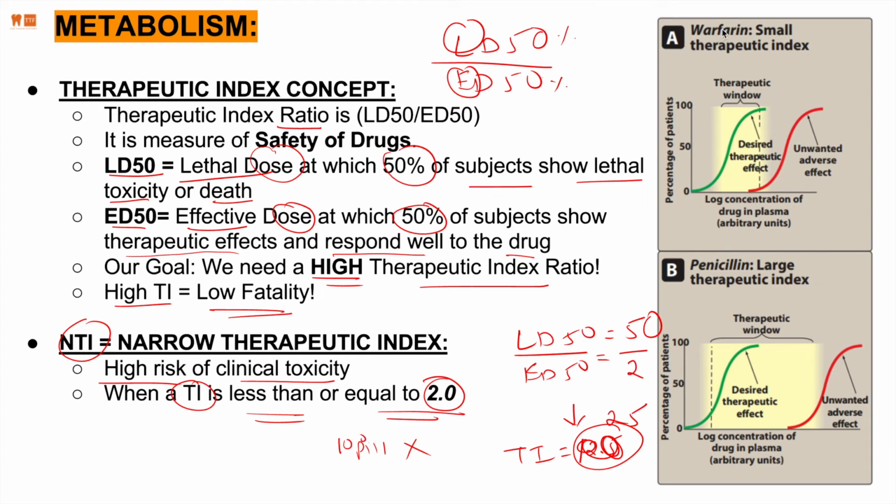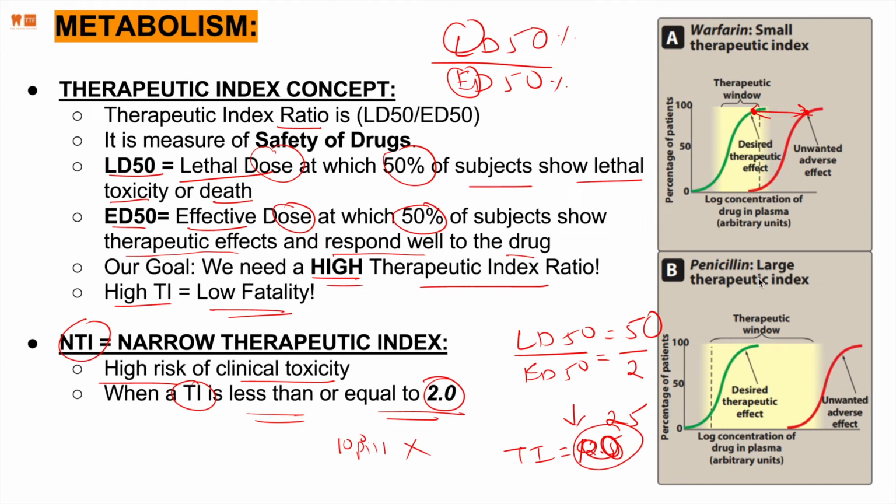Here's an example. Warfarin has a small therapeutic index, which means that the desired therapeutic effects will begin at this concentration here, and unwanted adverse effects will begin here. So the window that we have is very narrow. The distance between the therapeutic effects and the unwanted effects is very narrow.